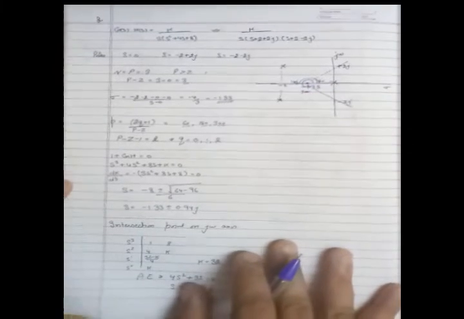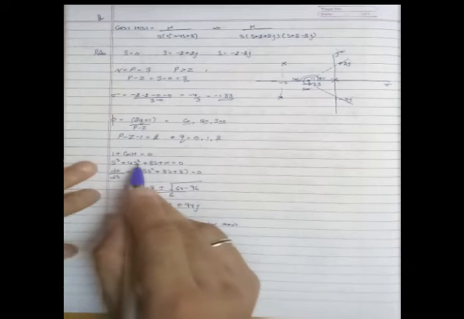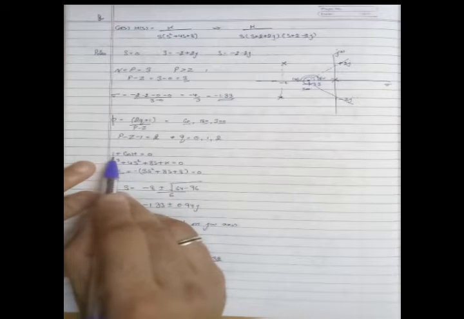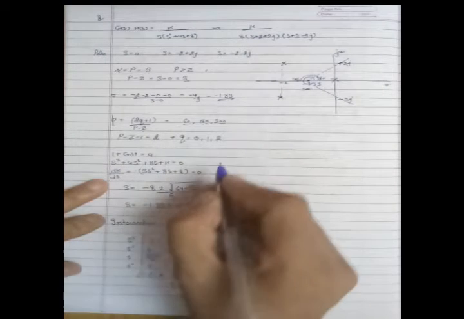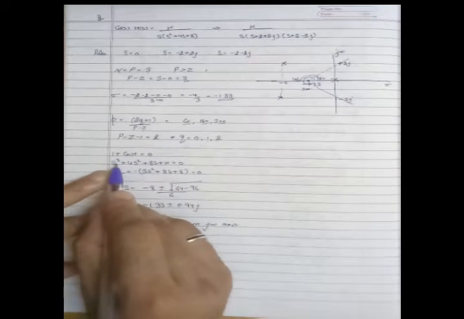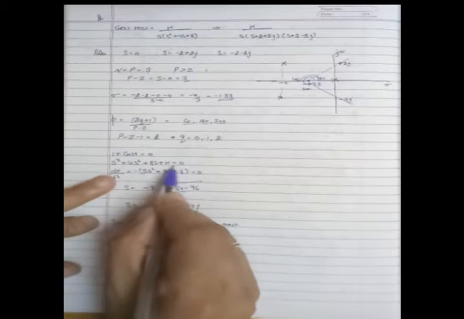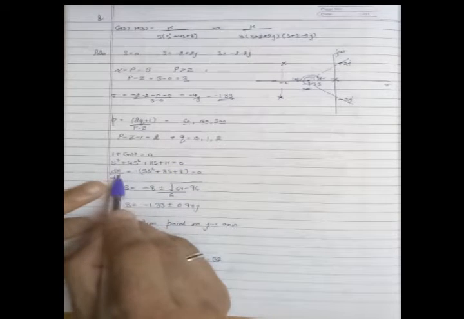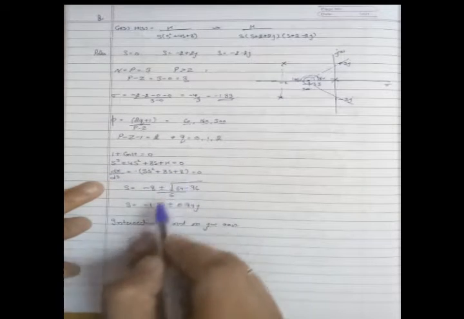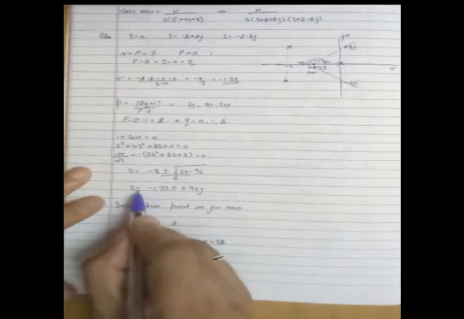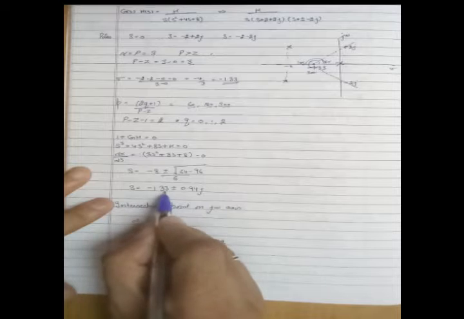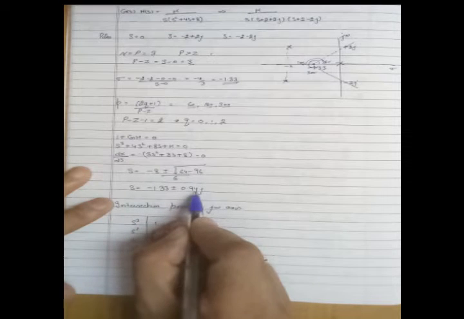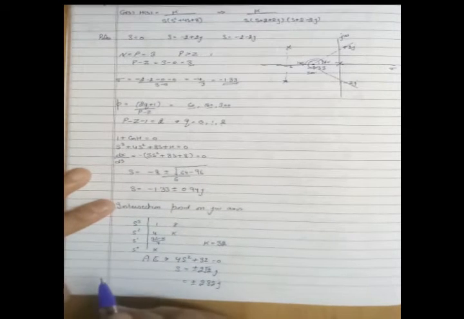Now I have to find the break point, which is given by 1 plus GH is equal to 0, and this is my equation, s cube plus 4s square plus 8s plus K is equal to 0. On differentiating dK upon ds, I got this, and from this my points are s is equal to minus 1.33 plus minus 0.94j.